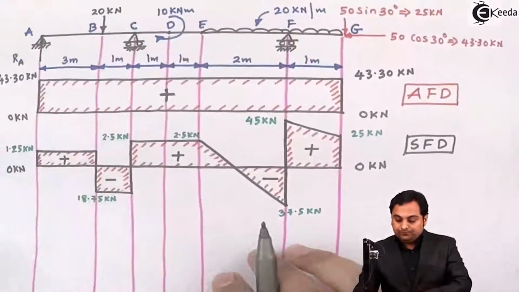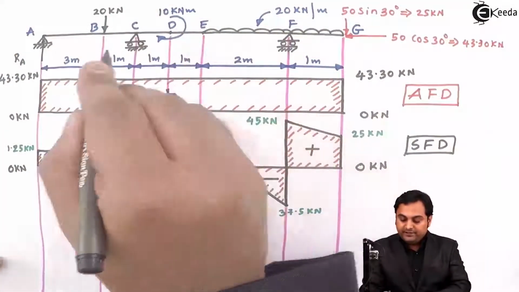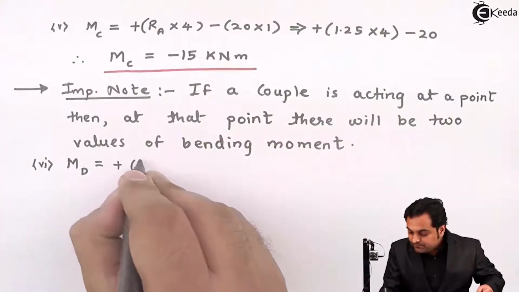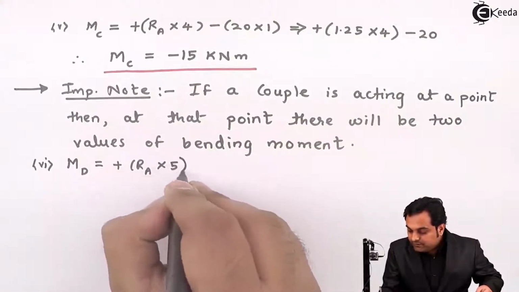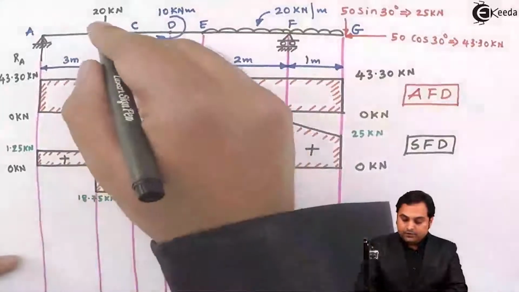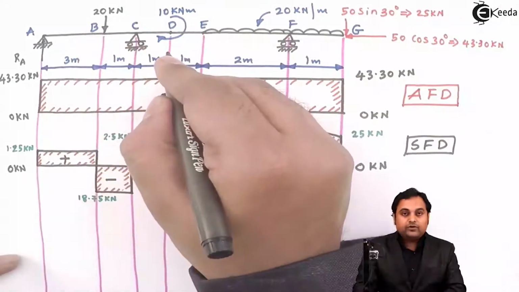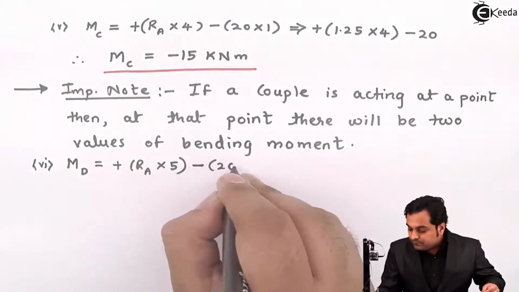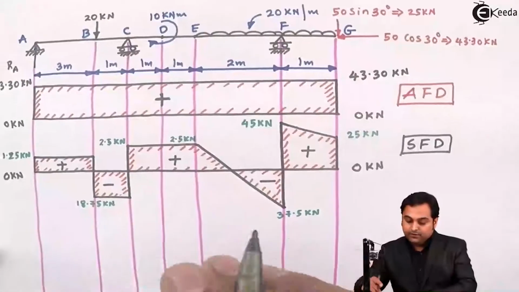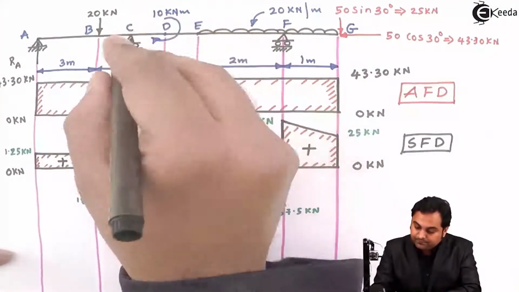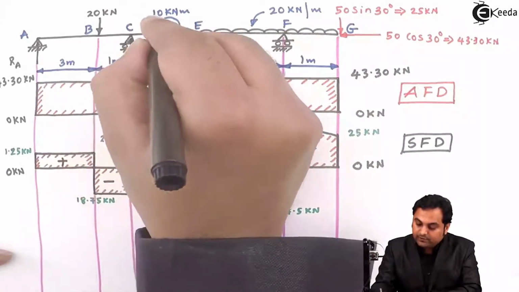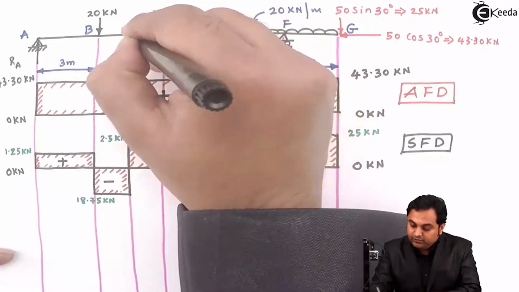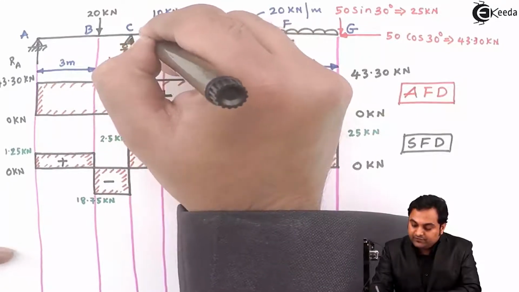It will be equal to Ra will produce clockwise moment at D. Distance is 5 meter from A to D. So Ra into 5, that is plus Ra into 5. Next, 20 kilonewton will produce anti-clockwise moment on the left side, so negative, minus 20 into 2. Then here there is reaction at C, RC. It will be producing clockwise moment at point D, so that will be clockwise is positive on the left side, plus RC into 1.